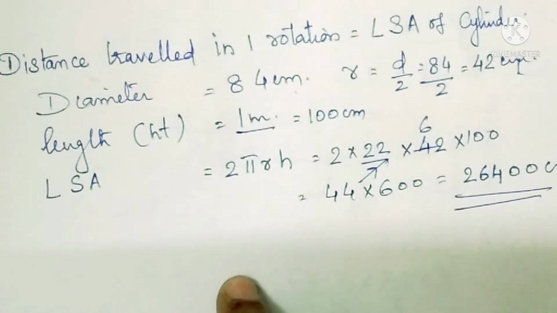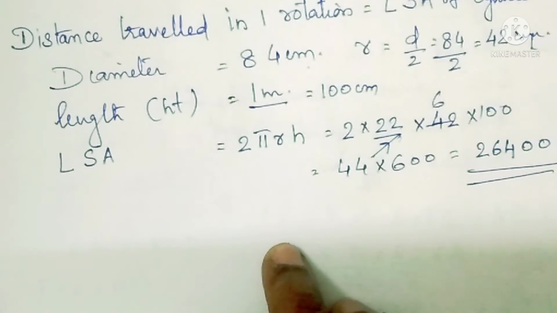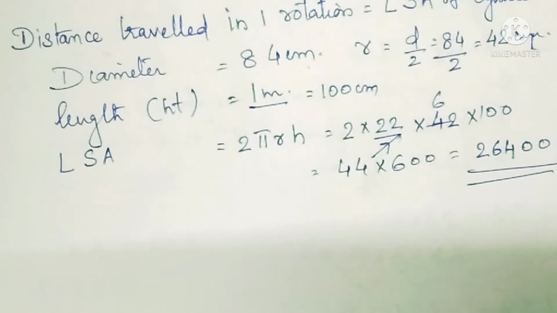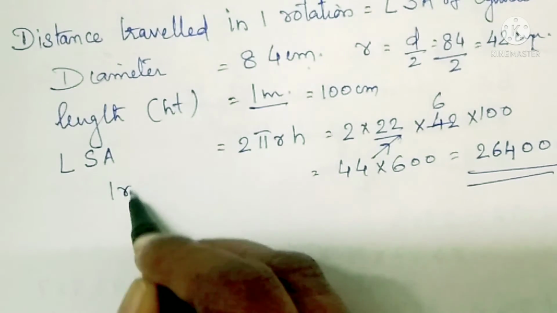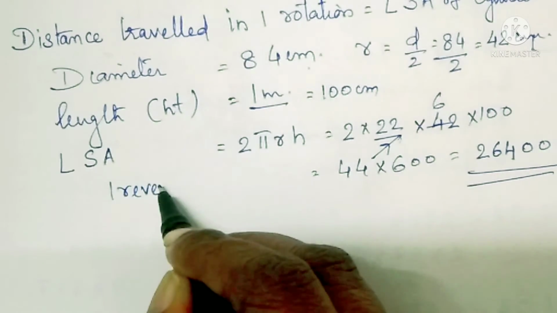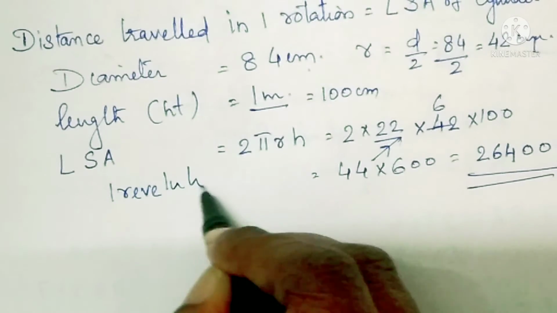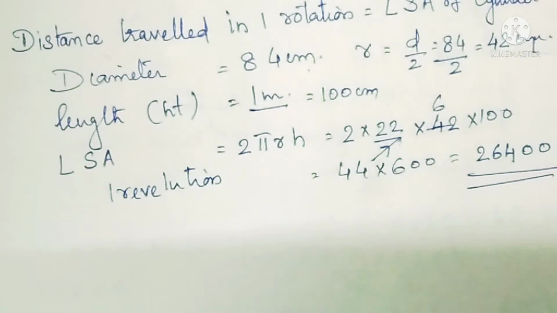Okay. Now the road roller takes 750 complete revolutions. Okay. One revolution is equal to this much.